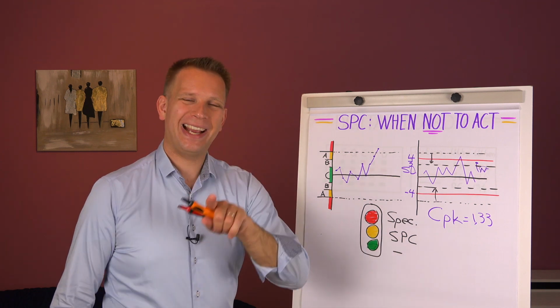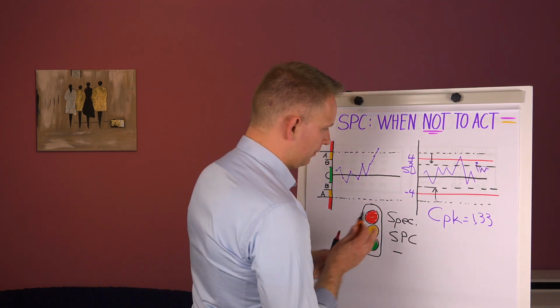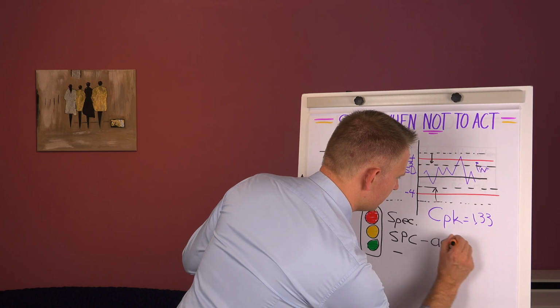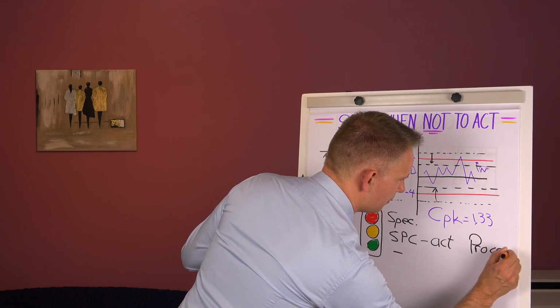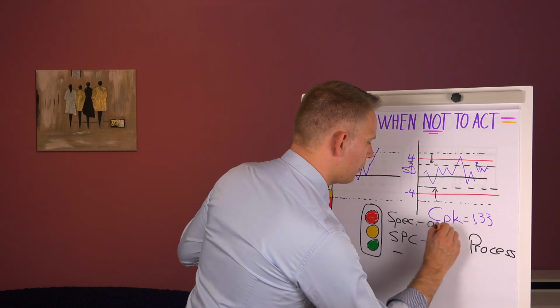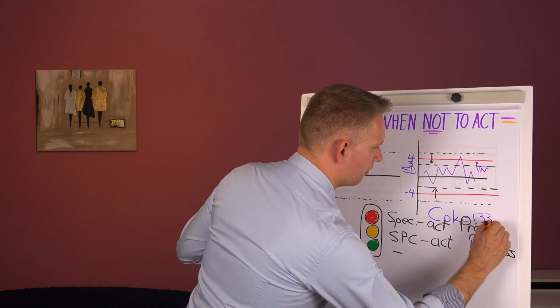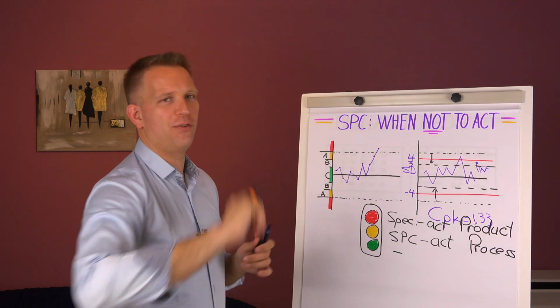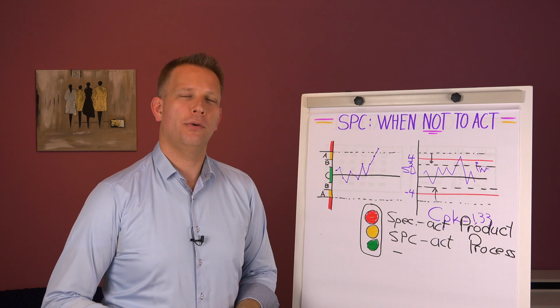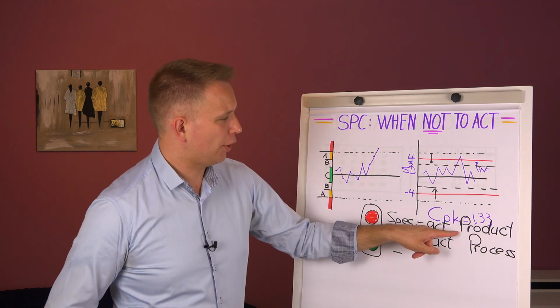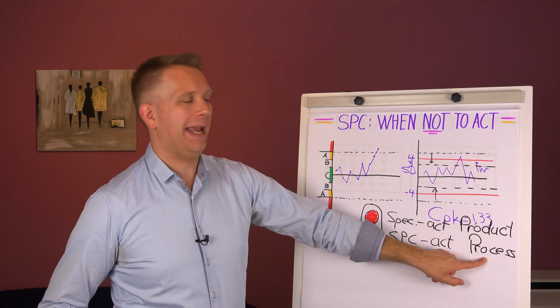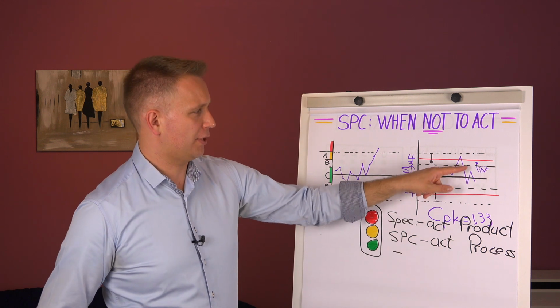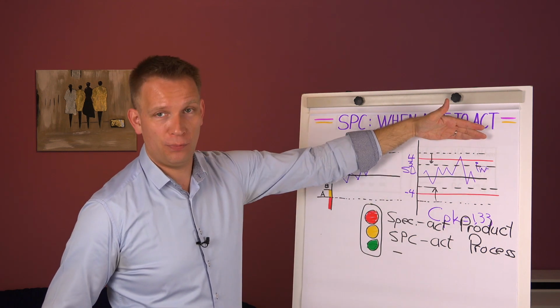That means you act on the process. And when you get a red light, you're outside of your specification, you act on the product and the process. Because in this situation, you are out of both, right?